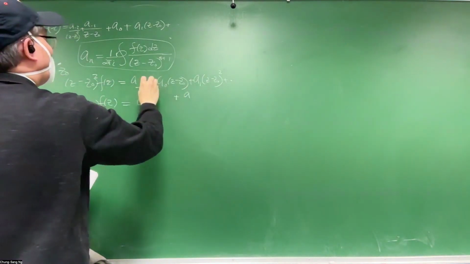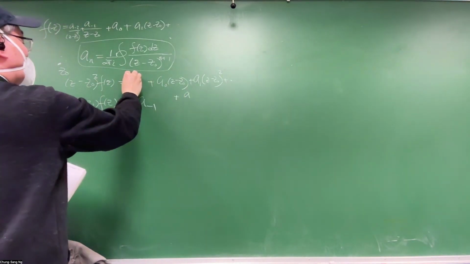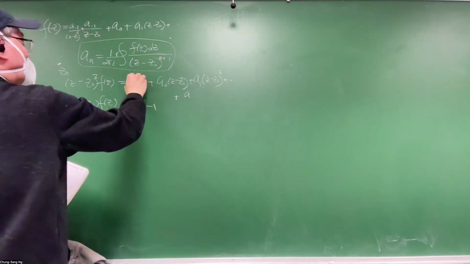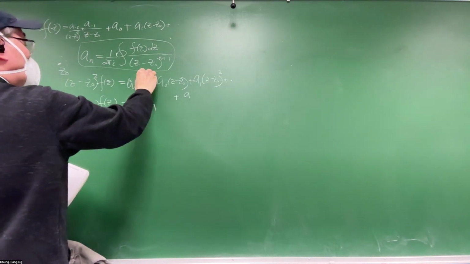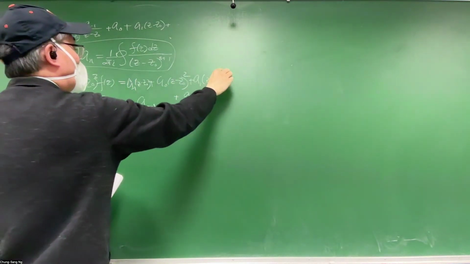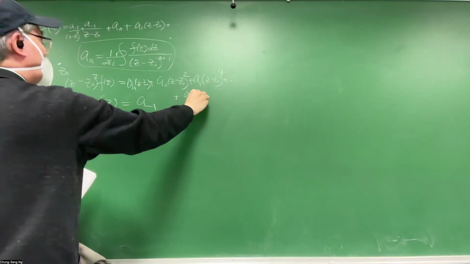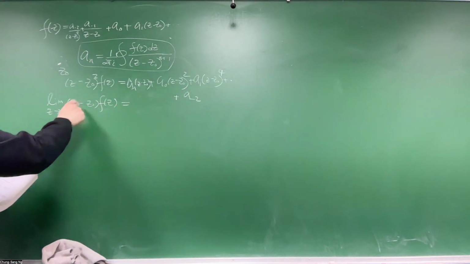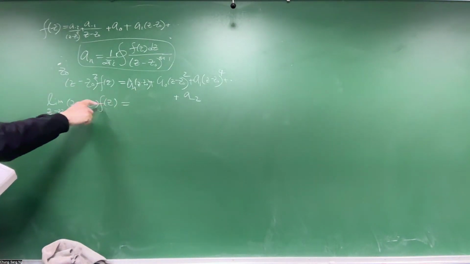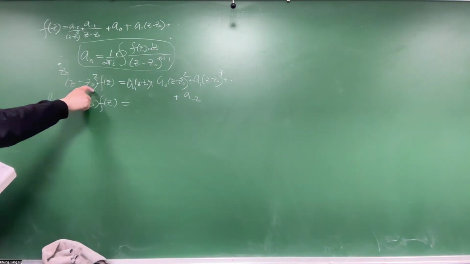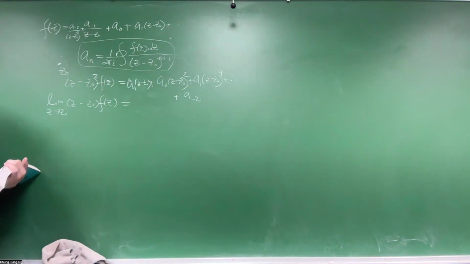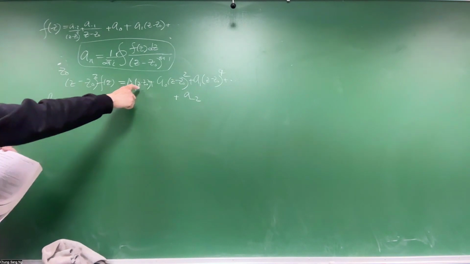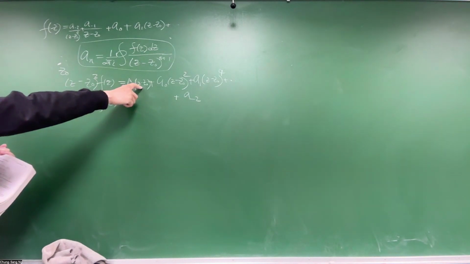Now to get a minus 1, just substituting or taking the limit z to c sub 0 would not get you a minus 1 because you'll kill this term also.